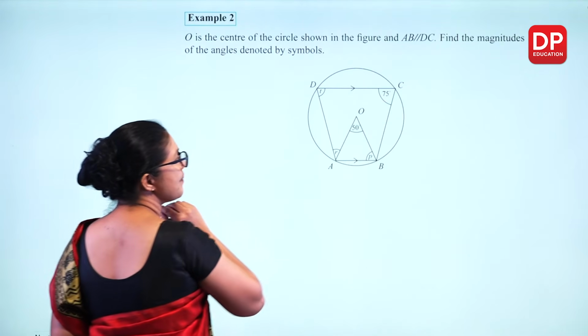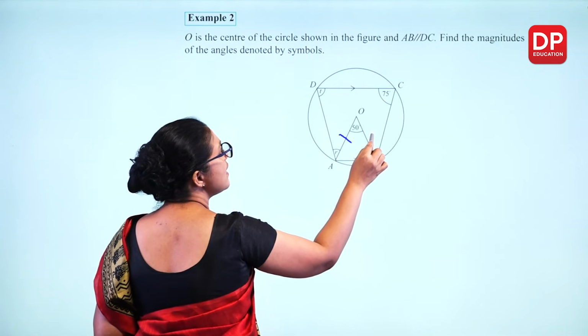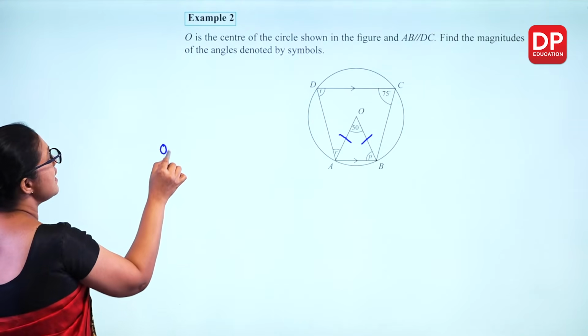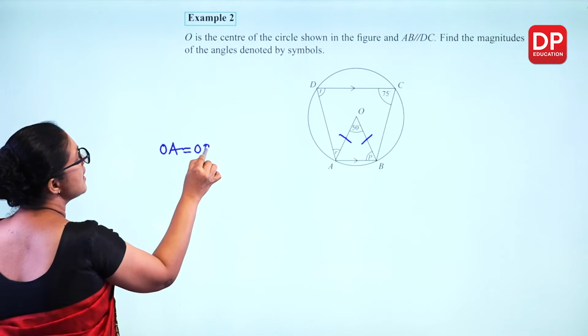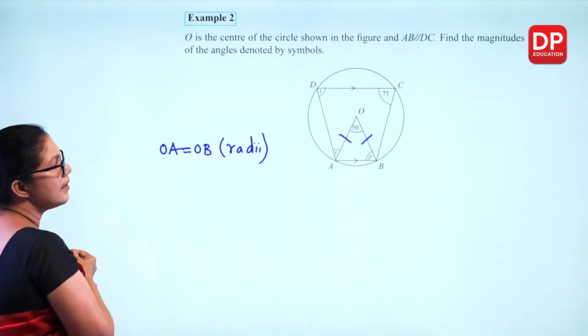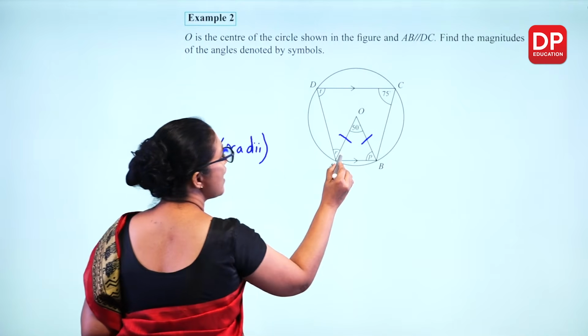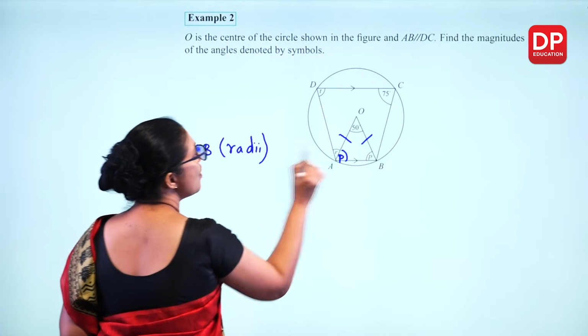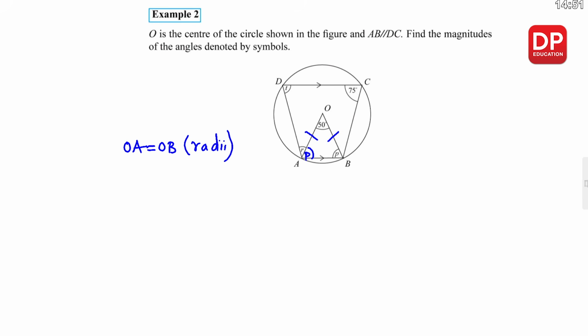O is the center. These two lengths are equal, radii. OA is equal to OB, radii. Then what can you say about these two angles? These two angles are equal. This is also P. So how can we find P?